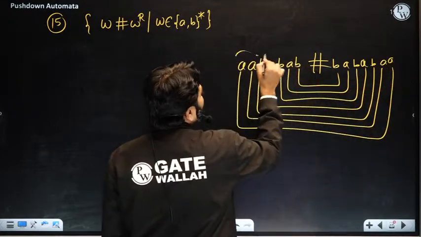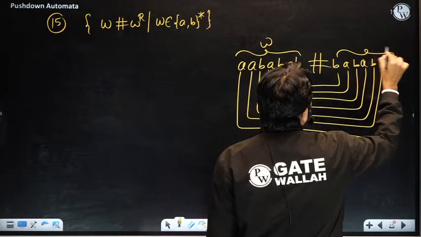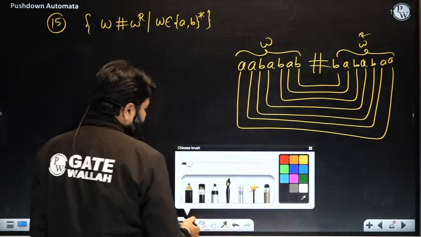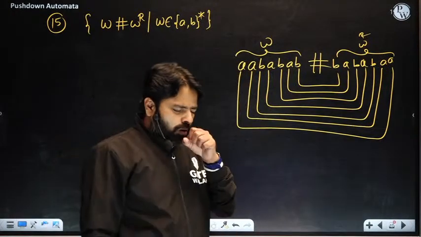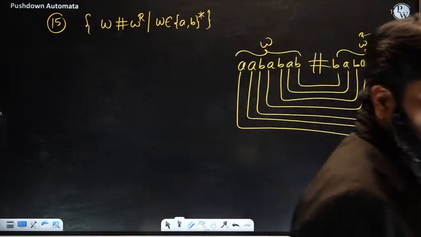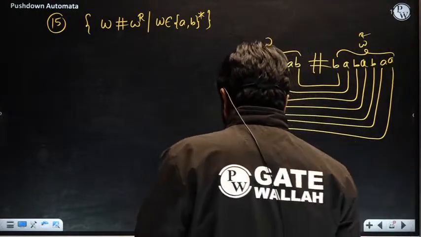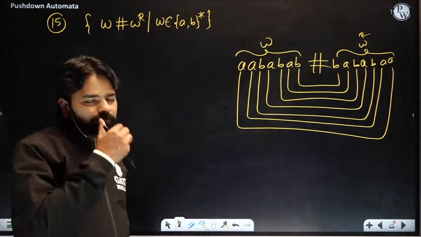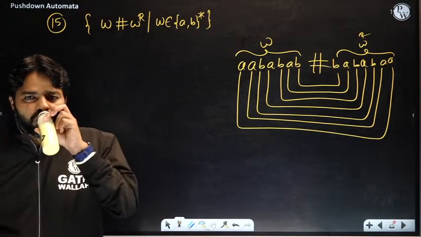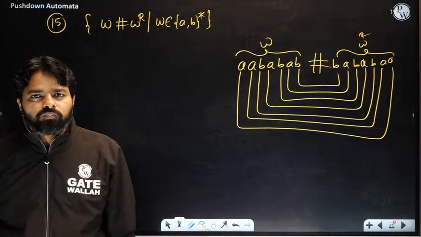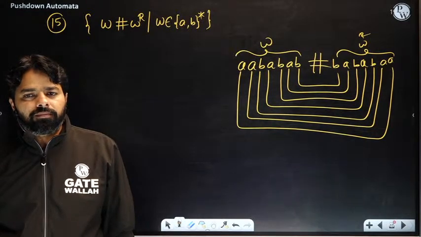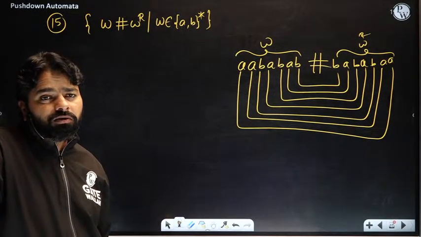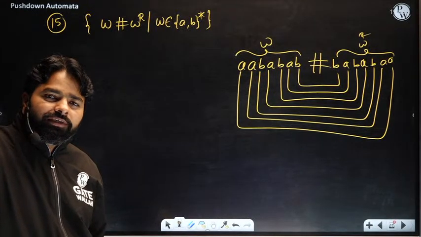So if this is a w, this has to be its reverse. So how do you do that? Think about it and see how many of you can design. It's a very famous problem. It's a deterministic context free language. So far all the languages that we have designed are DCFLs.